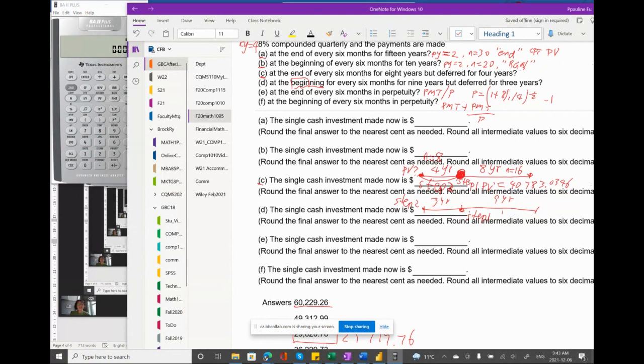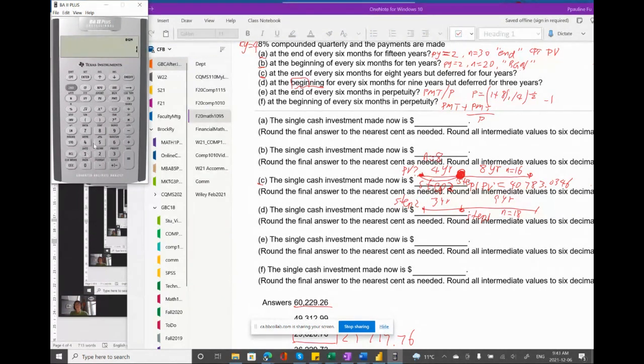During step 1, N equals 18, so 18 is term N. Interest is 8. PMT is 35,000. FV is 0. Compute PV.